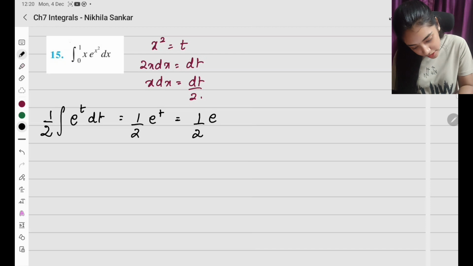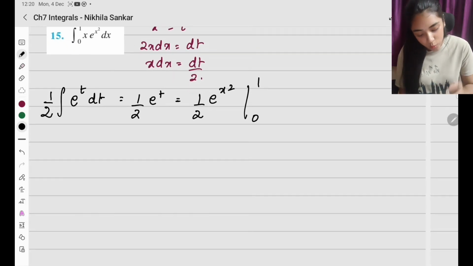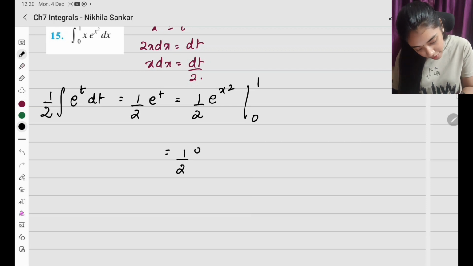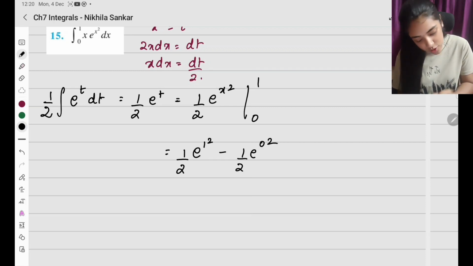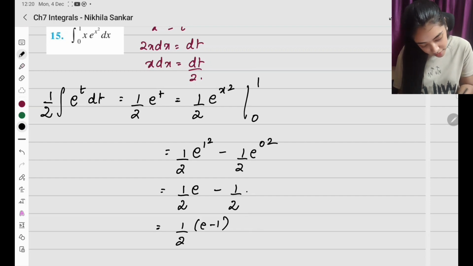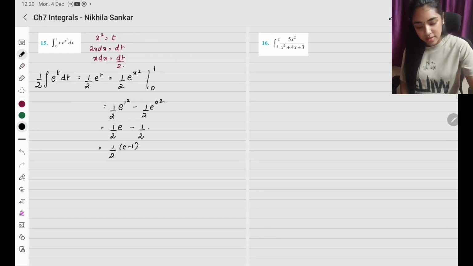Substituting for t, e to the x square. Now I need to apply the limits 0 and 1. So what happens? Half e to the 1 square minus half e to the 0 square. f of 1 minus f of 0. So this is nothing but half e minus half, since e to the 0 is 1. So basically this is half e minus 1. That's my answer. Okay? Please copy.